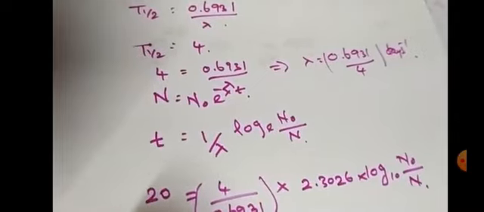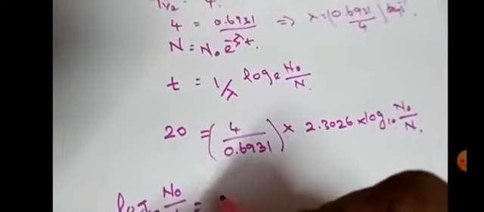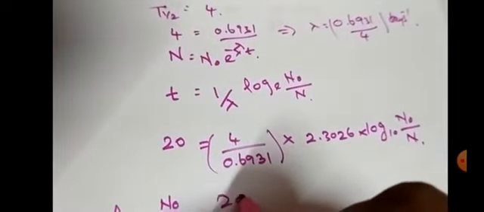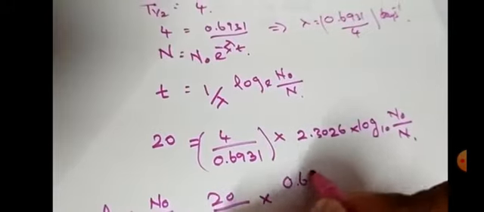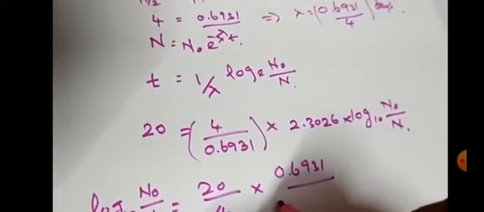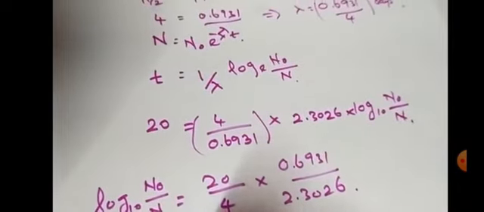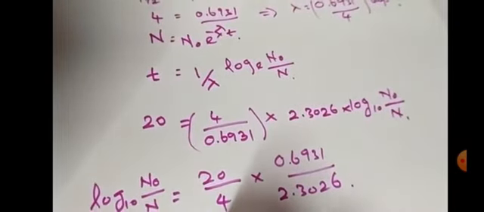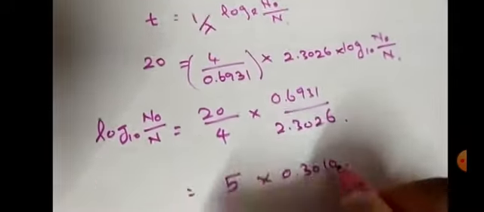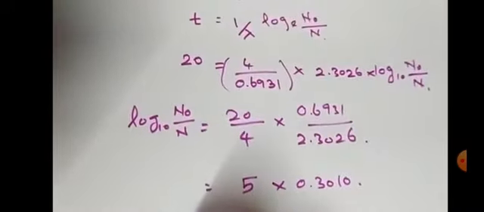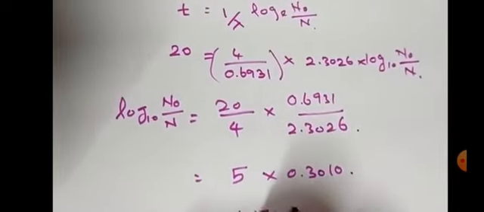Keeping log 10 of N naught by N on one side, the remaining is 20 divided by 4, which is 0.6931 divided by 2.3026. Cancelling this, we get 5, and this comes to nearly 0.3010. Multiplying this, we get 1.5003.